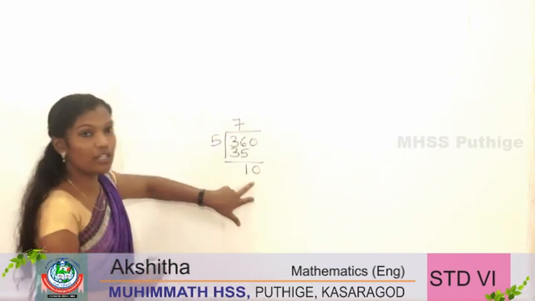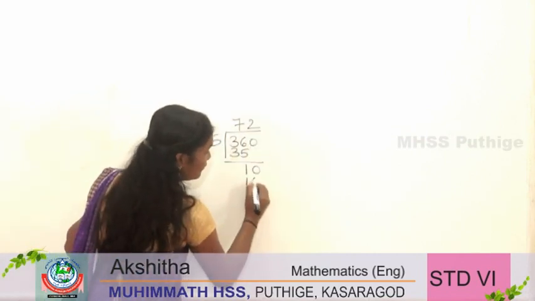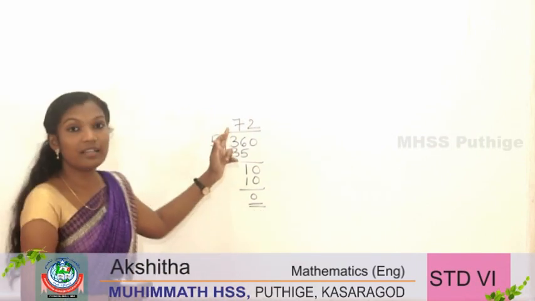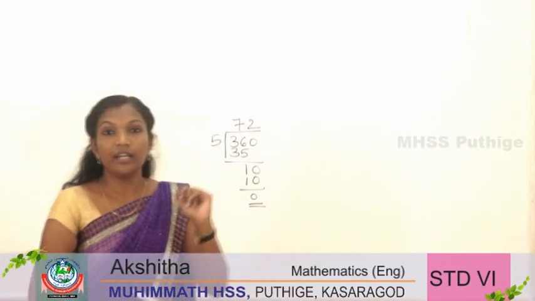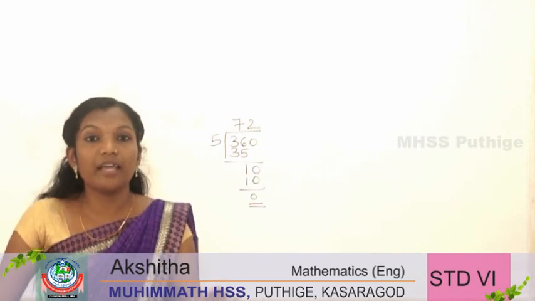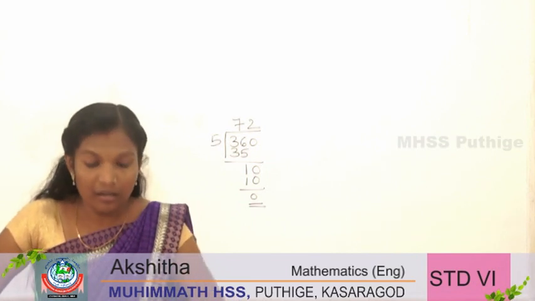So we should put this 0 here. So 5 2 times 10. So what is the answer here? 72. 72 is the answer. So we can make 5 equal parts of 72 degree angles.